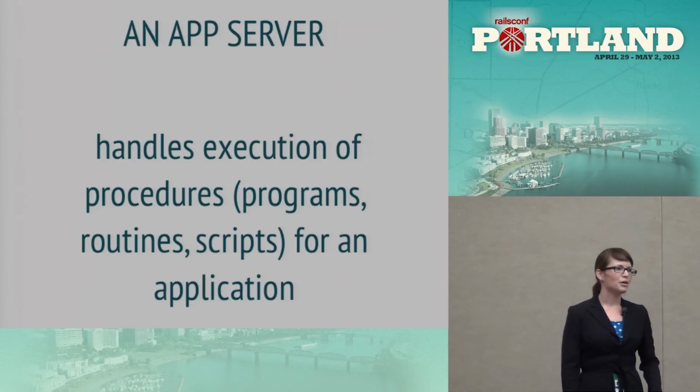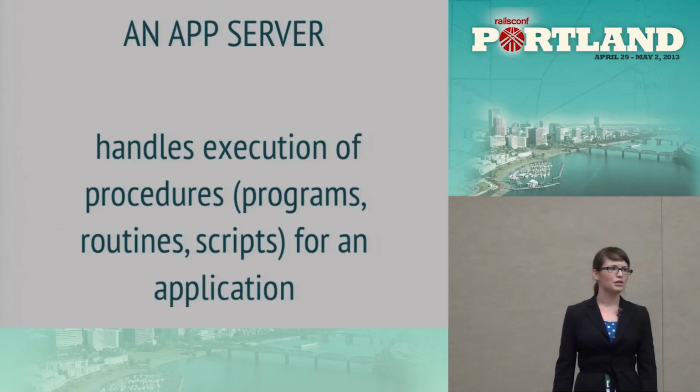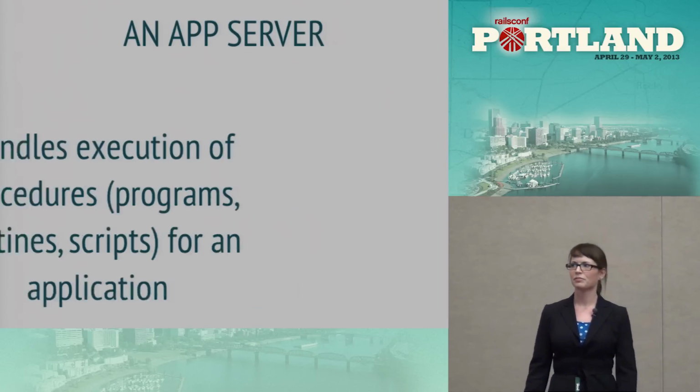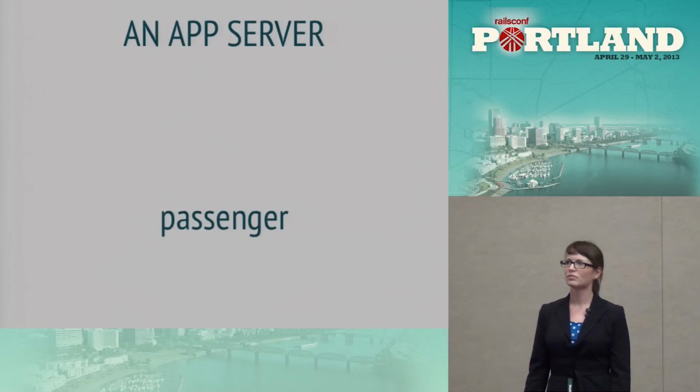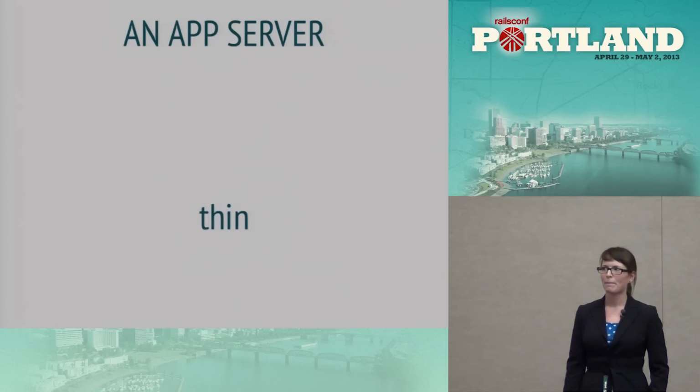We're not going to go too much into the intricacies of all the different roles the app server serves, but for our purposes you just need to know that the app server is going to initiate Rails. Some app servers that you might see in a Rails application are Passenger, Thin, and Mongrel.